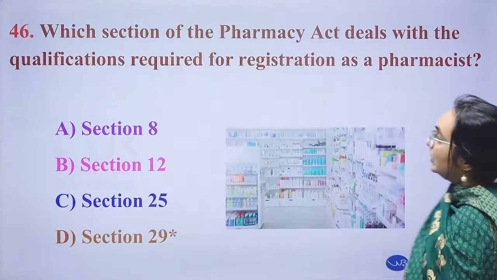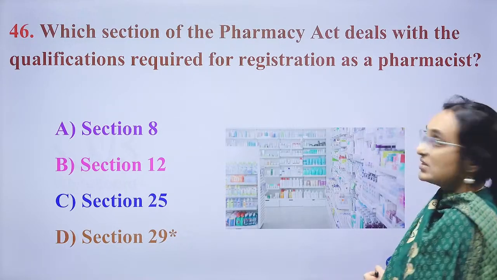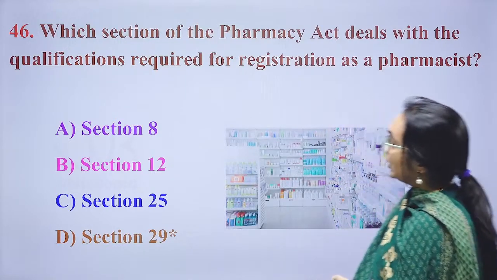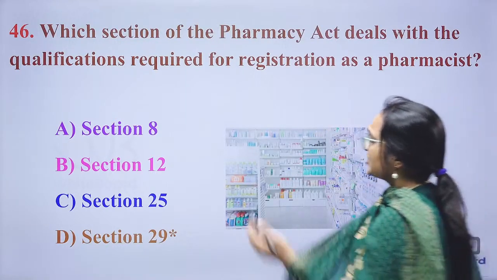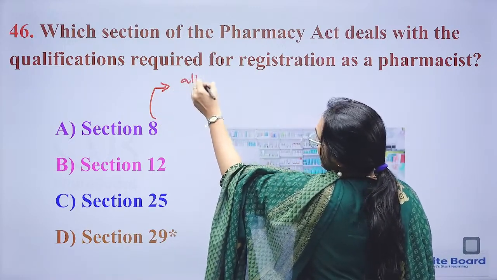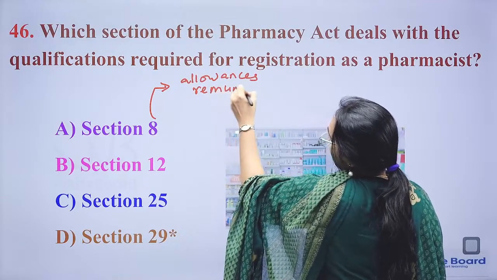Next question. Which section of the Pharmacy Act deals with the qualifications required for registration as a pharmacist? Section 8, 12, 25, 29. Here section 8 gives the allowances, remuneration of staff.